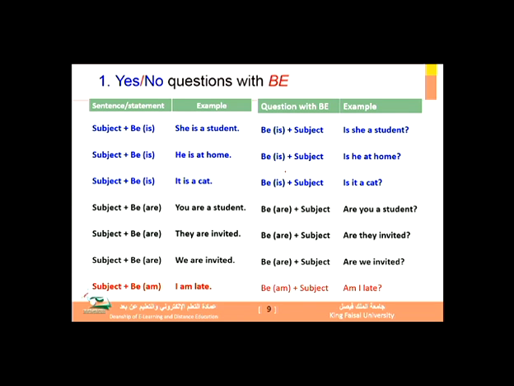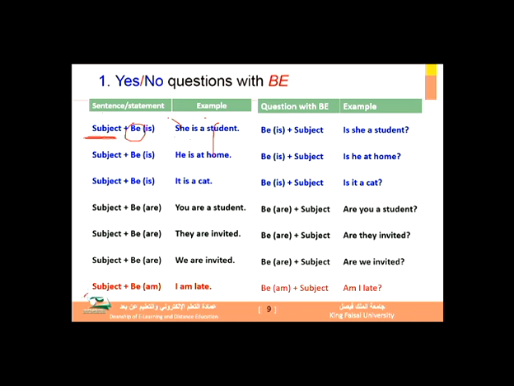This is a chart showing how sentences are different from questions. In the first part of this chart, we are talking about a sentence, or what we call a statement. In the statement we start with the subject first, then we have one form of verb to be. Example: She is a student.